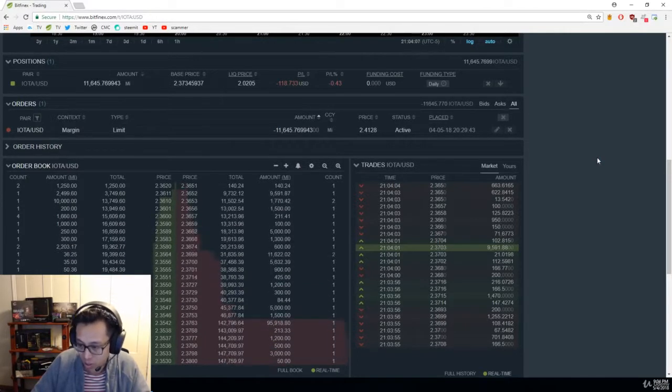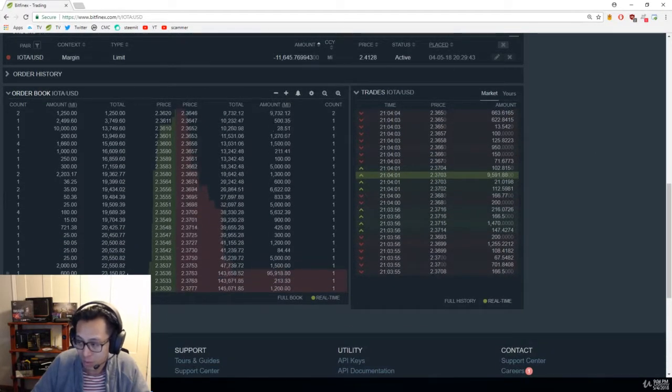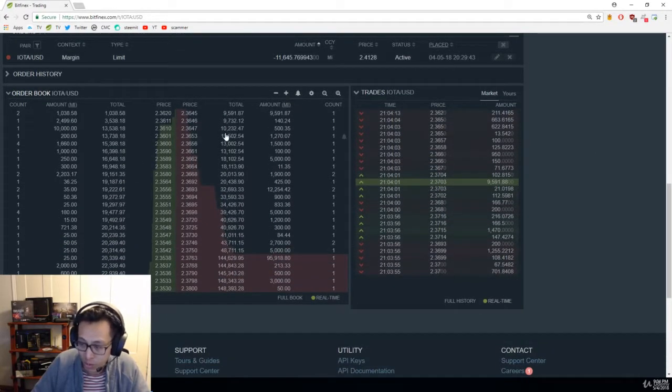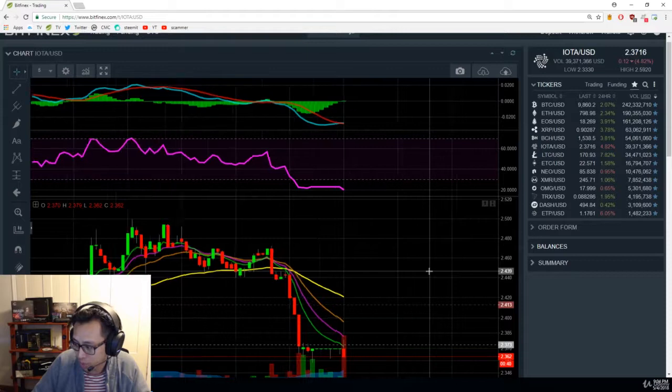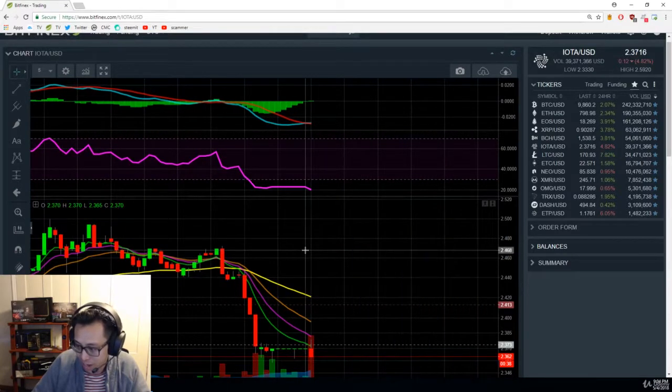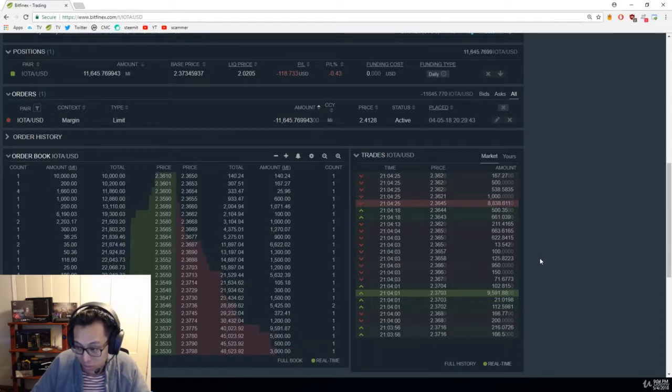As you guys saw, what happened to the level 2 order book there, a lot of people were trying to smash through that $2.37 range, but nothing really changed too much. The price actually ended up going down instead of upwards, which is kind of crazy when you think about it. Sometimes that's what happens.